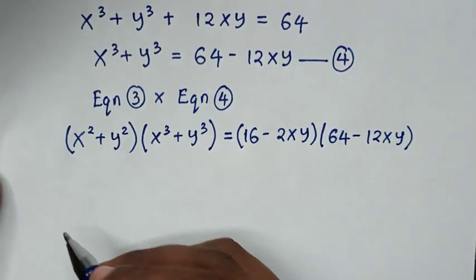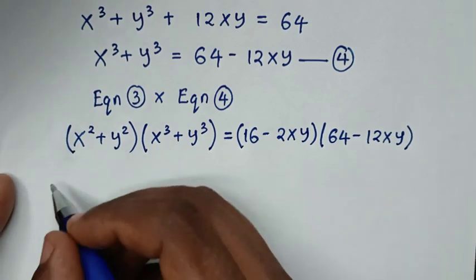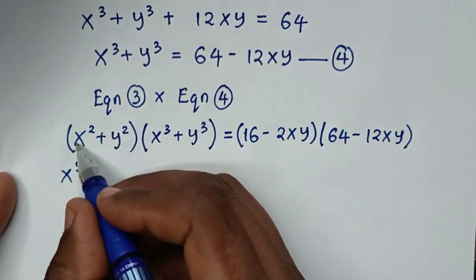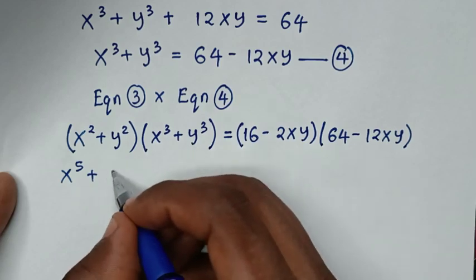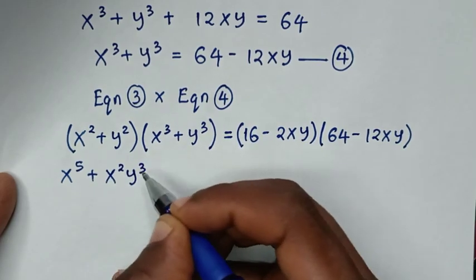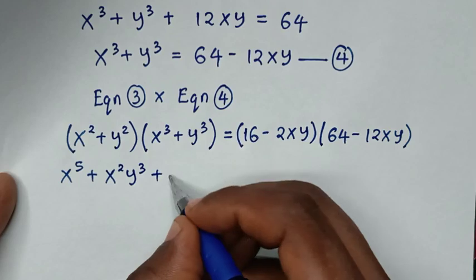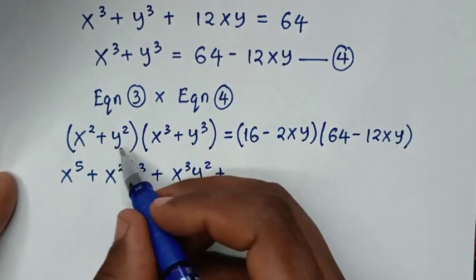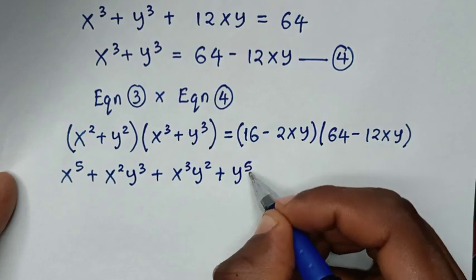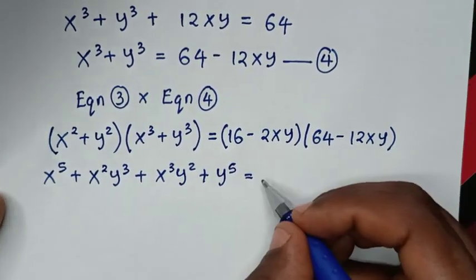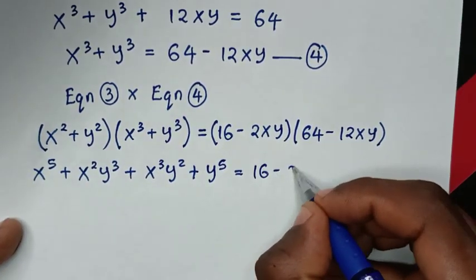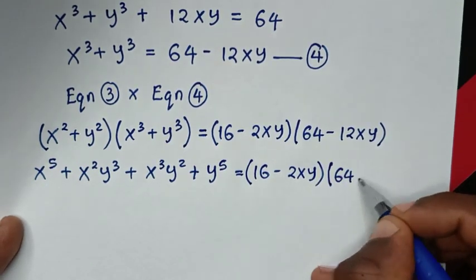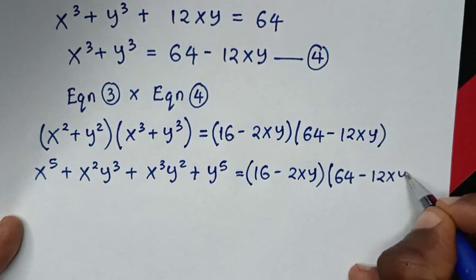Then in the next step, we'll take this times this, so it will be x power of 5 plus x square y power 3, plus x power 3 y power 2, plus y power of 5 is equal to 16 minus 2xy, bracket, times 64 minus 12xy, bracket.